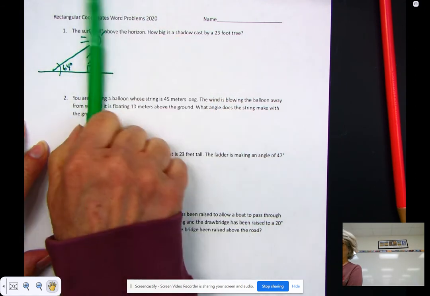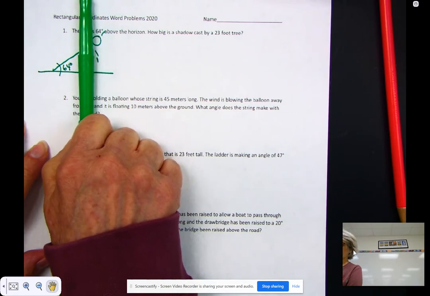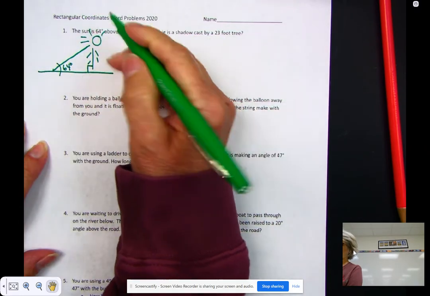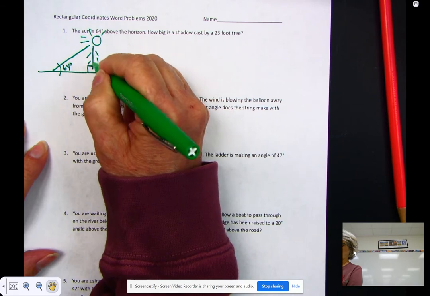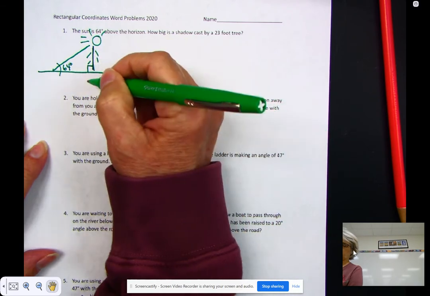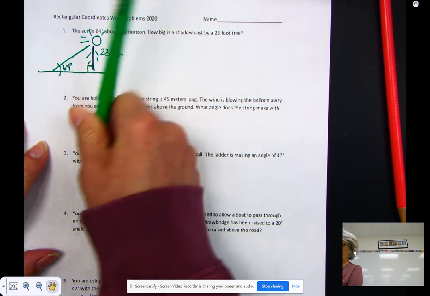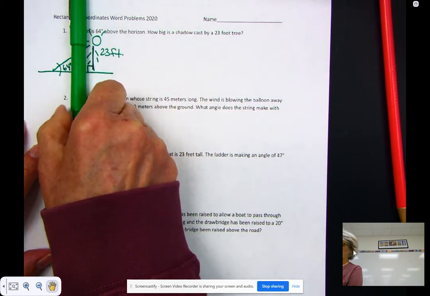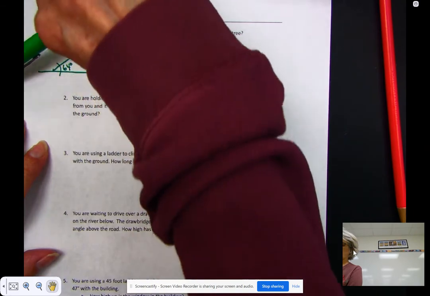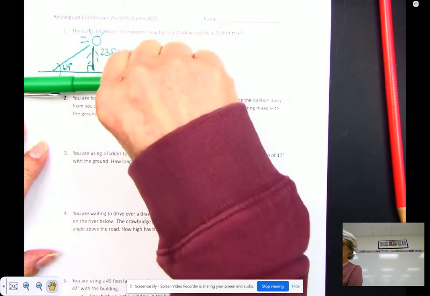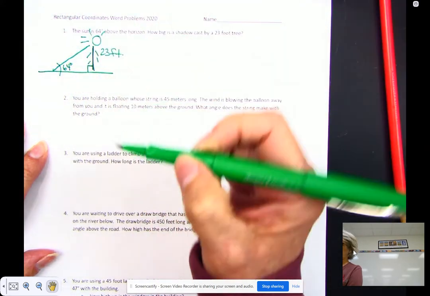The tree is going to be here, and the sun is casting a shadow. So this side of the triangle is going to represent the 23-foot tree. And if the sun is behind it, then the shadow is not going to be in the air, but it's going to be on the ground.